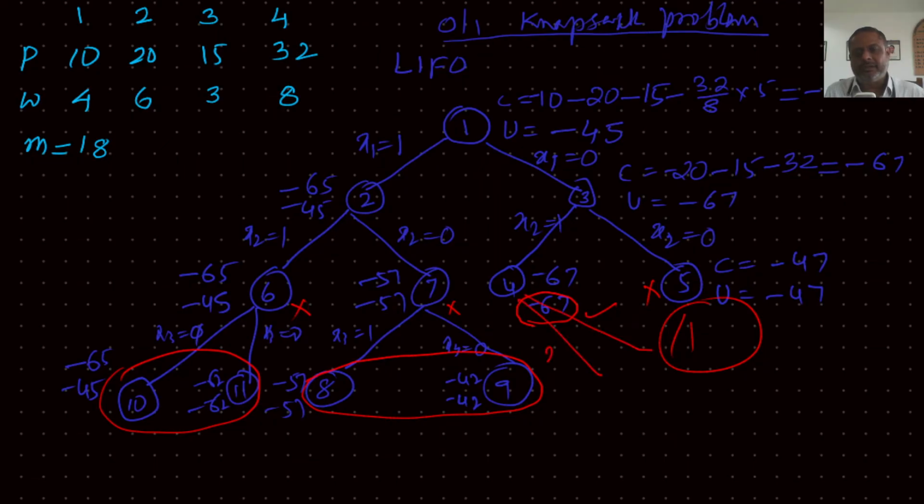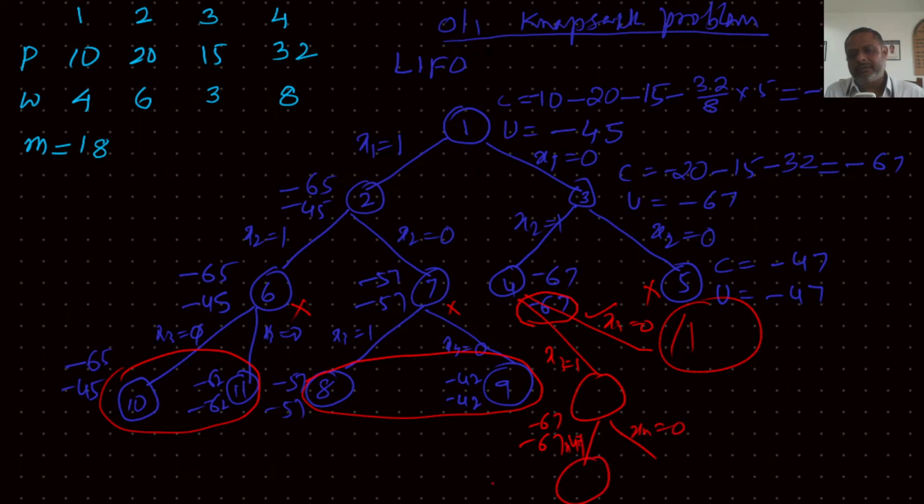So we can directly declare this and then continue from here. What is it? x3 equal to 1, x3 equal to 0. So this gets you to minus 67, and then you say x4 equal to 0, 1, x4 equal to 0.